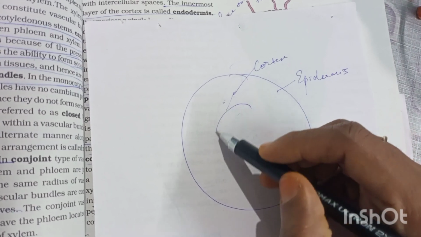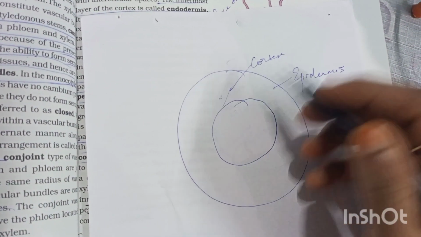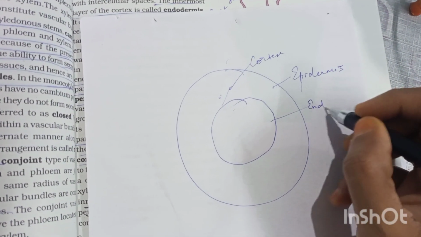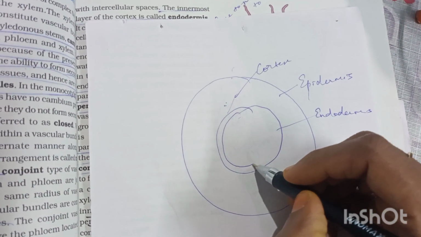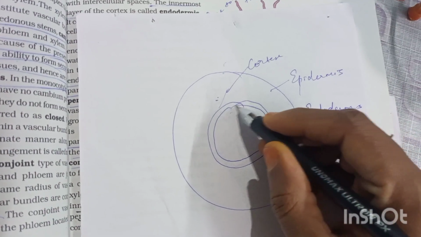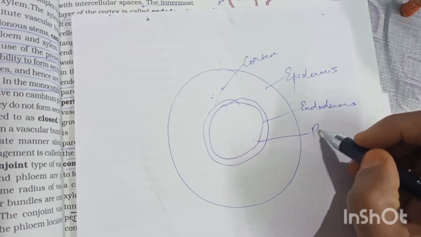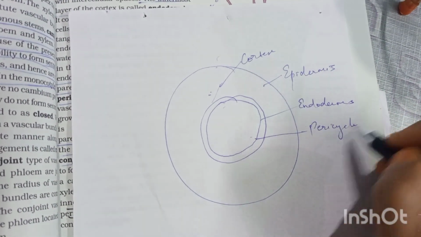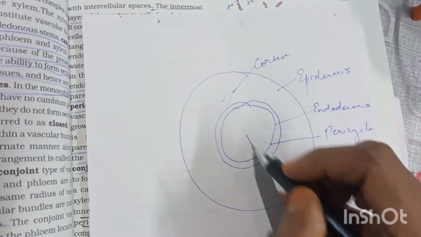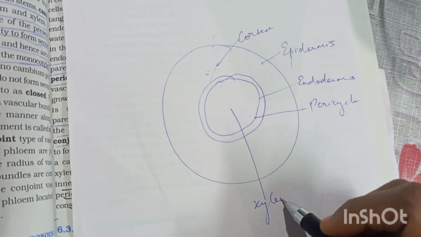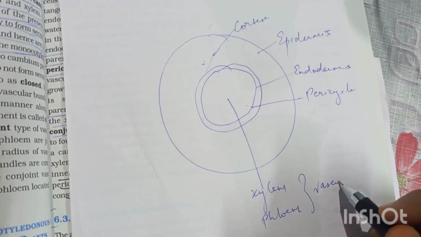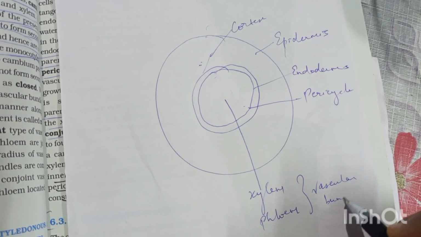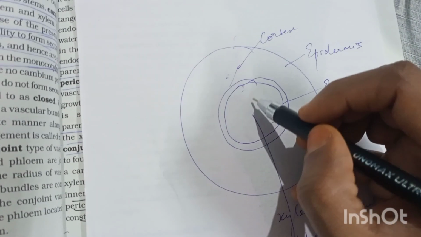The next layer to the cortex is endodermis. The region immediately below this endodermis is the pericycle, and inside you have xylem and phloem. Those are known as vascular bundles or vascular tissues.